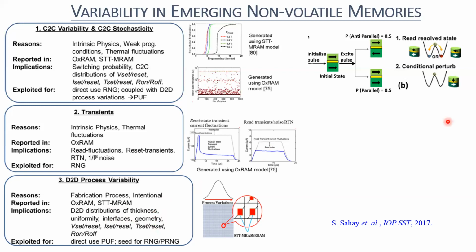Then geometry is also something which affects it. Especially in these STT-MRAMs, you use a cylindrical kind of geometry. If you use some other geometry, like rectangular, your magnetic moments won't be aligned in this direction. So all the magnetic moments cannot be aligned in this direction. With a cylindrical geometry, the thickness is very small as compared to the height.